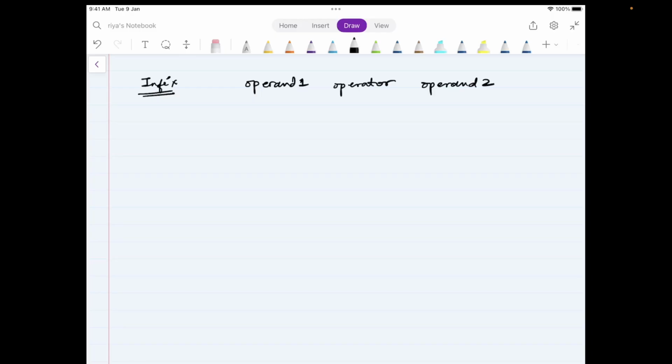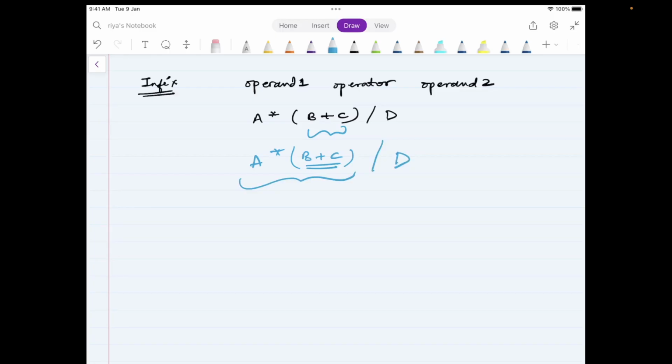For example, if I have an expression of this form, this is in the infix form. And how the expression can be decoded is, first you will add B and C, and then whatever the result is will be multiplied by A, and then whatever the result is will be divided by D for the final answer, correct?